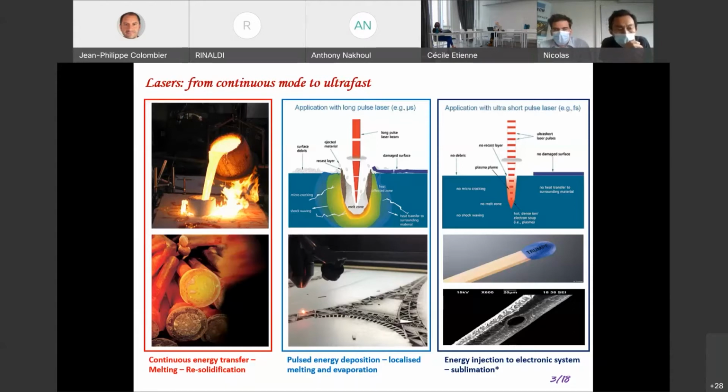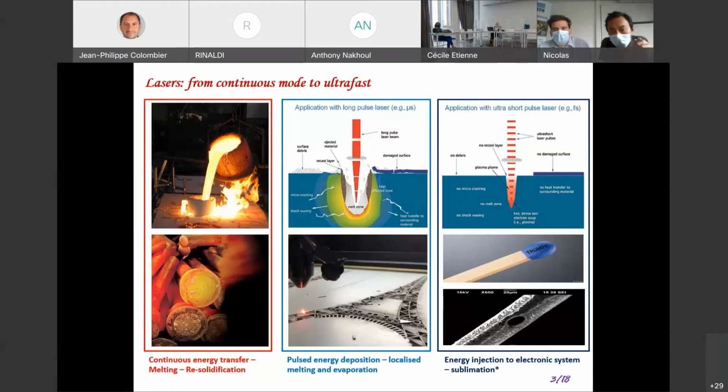We can have transitions from solid to liquid, from liquid to vapor, and the formation of the vapor generates shock waves and recoil forces. These recoil forces push the liquid, some solid fragments, atoms and plasmas out of the irradiated zone, and this is called laser ablation. With laser ablation, we can remove material. In this scenario, applications are laser drilling, laser coating, engraving, marking, and so on.